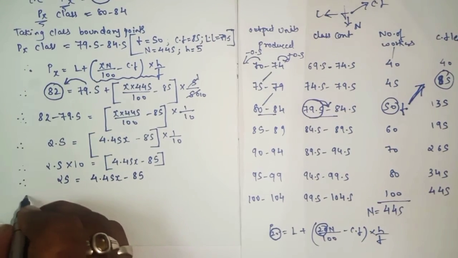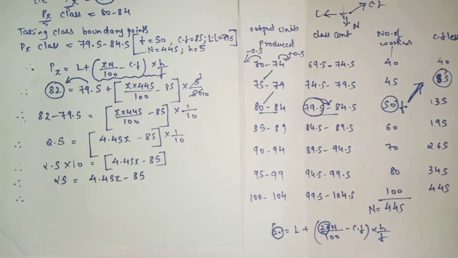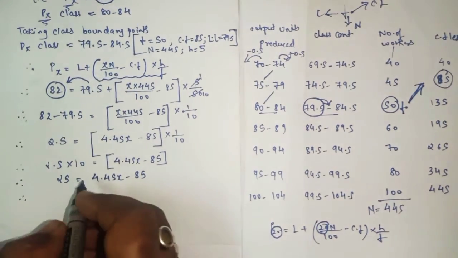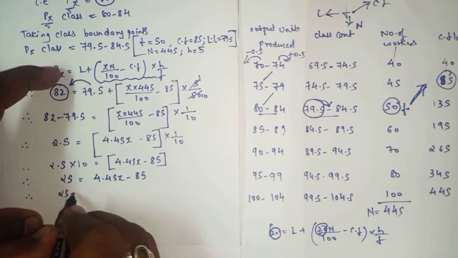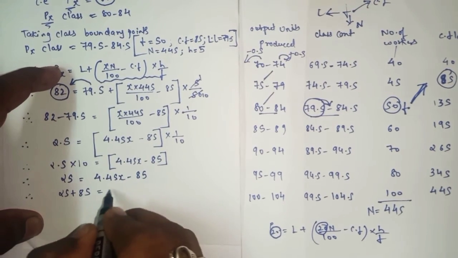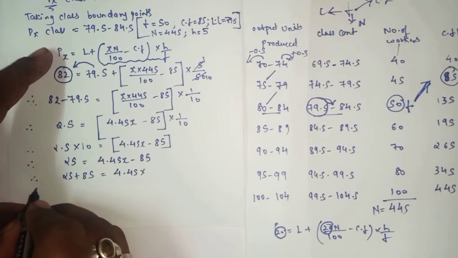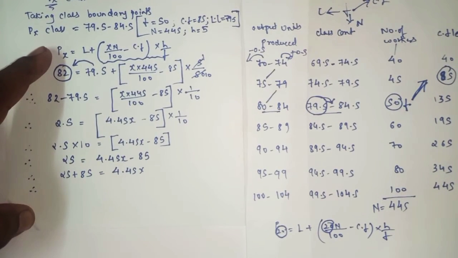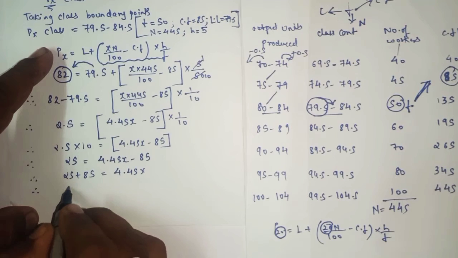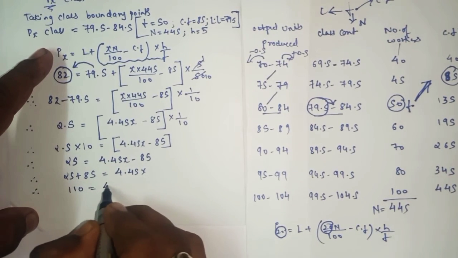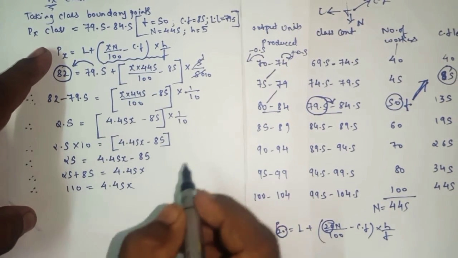Now here we have one alphabet and two numbers, so one side alphabet, one side numbers. So 25 plus 85 equals 4.45X. 25 plus 85 gives 110, equals 4.45X.